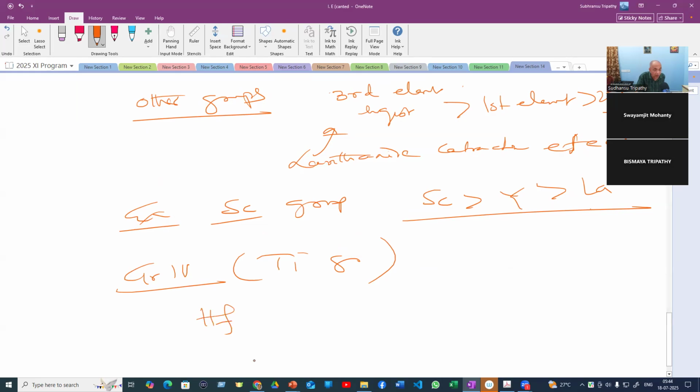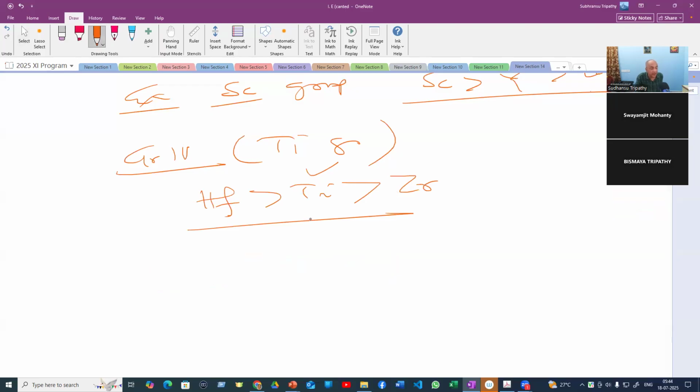Titanium is greater than zirconium, but hafnium is the highest. Same you will find in vanadium, which you have already done. That is an anomaly. It goes on increasing. That is why I told it in the beginning. Then chromium, vanadium, chromium already gone.